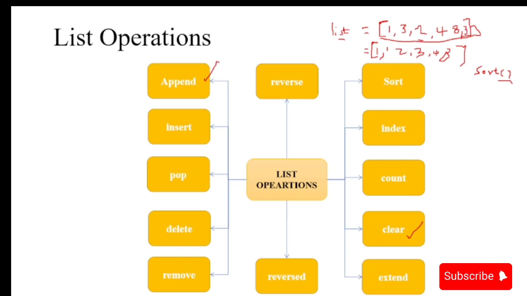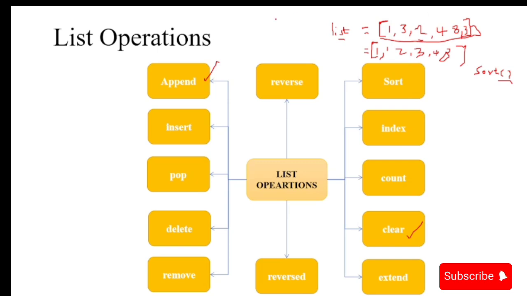And then we have insert. The insert list operation inserts an element at a specified index. Remember, append adds an element to the end of the list, but insert inserts an element at a specified index position within a given list.